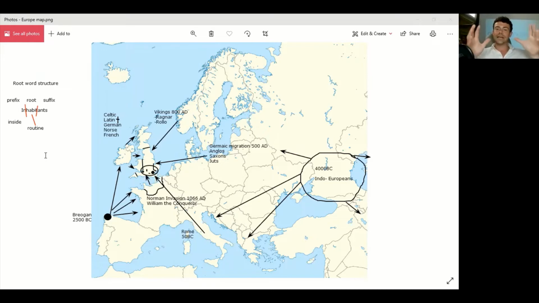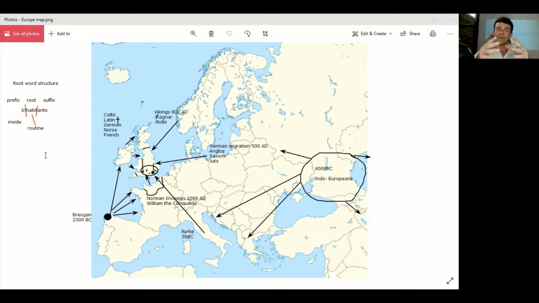So let's think of some other words that we know that use the same suffix ants. Words like participants or contestants or defendant. Now, what do all these words have in common with the suffix ants? People.